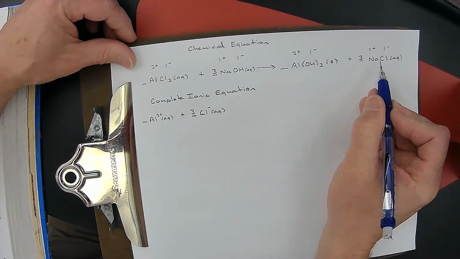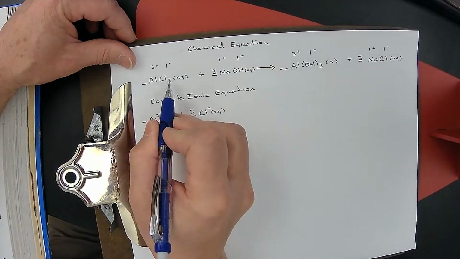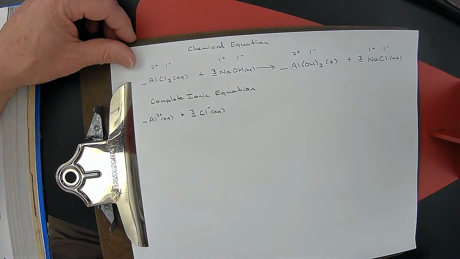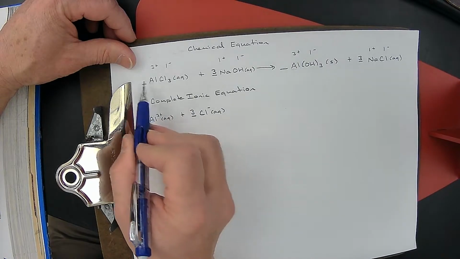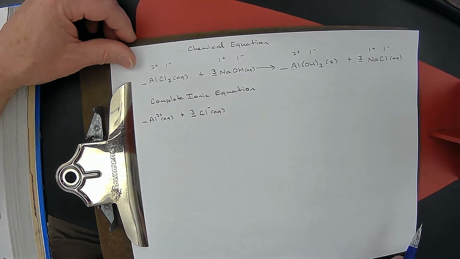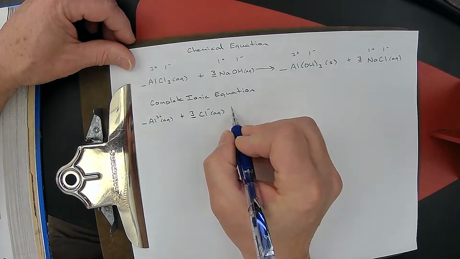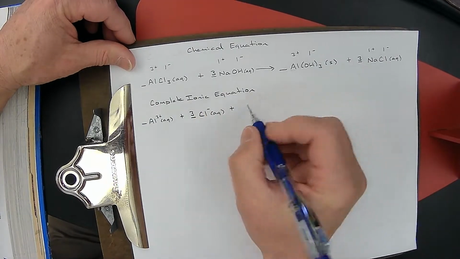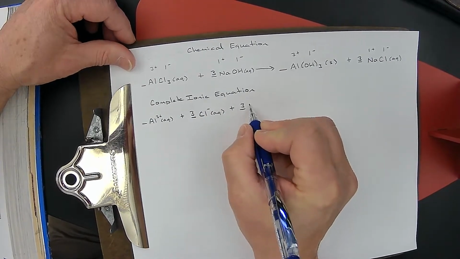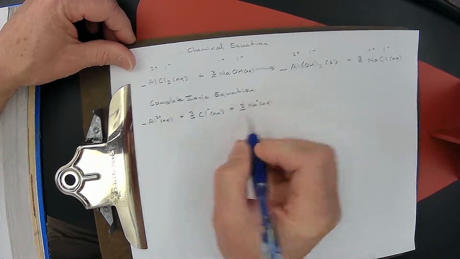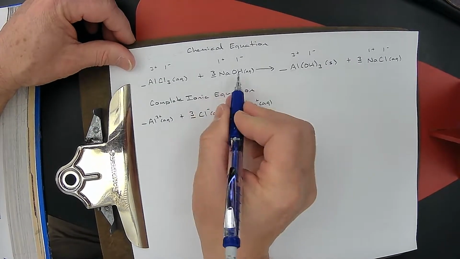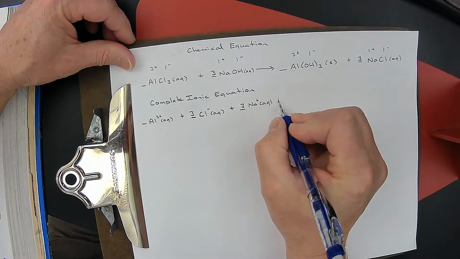That gives me 3 Cls, so I need 3 Cls and 1 Al. Everything else matches. So this did not change because I didn't have to change a coefficient. Then the next thing is I need 3 Nas, 3 Na pluses, and I need 3 OH minuses.